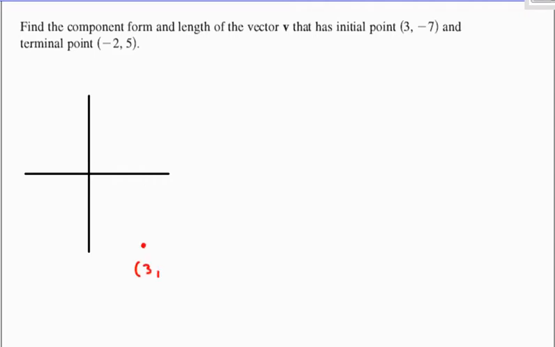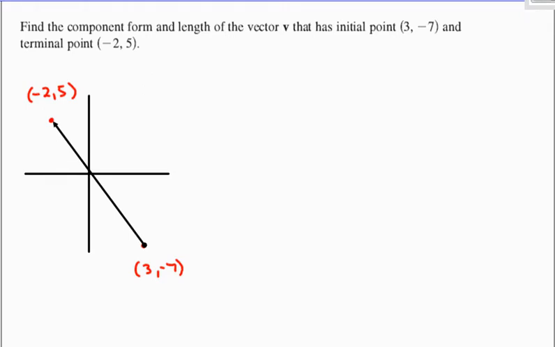That's our initial point. We're going to the terminal point, -2, 5. So let's see, -2, 5 would be over here somewhere. So we've got a vector that starts right here and goes to there.